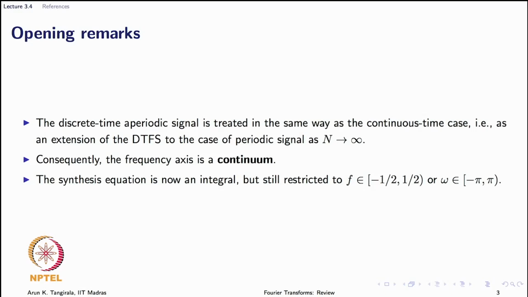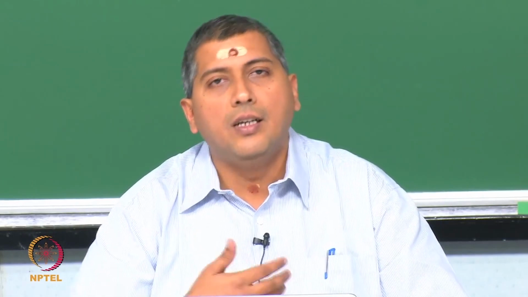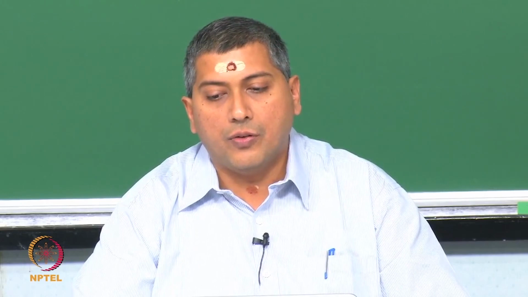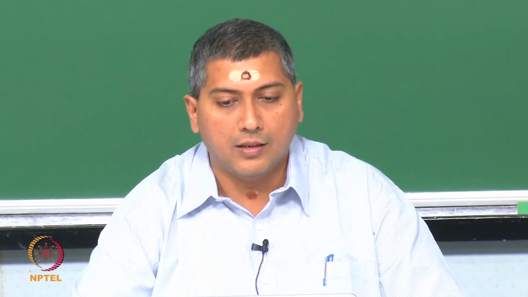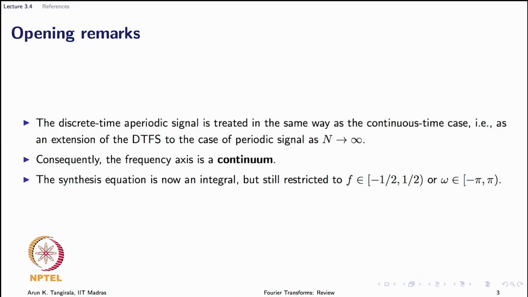The only difference is that in the case of periodic signals, we had used harmonics, and now we are going to use the entire continuum of frequencies in this fundamental interval. Consequently, the frequency axis is a continuum, and once again the discrete time Fourier transform can be derived starting from the Fourier series equation for the periodic signal by letting the period go to infinity.